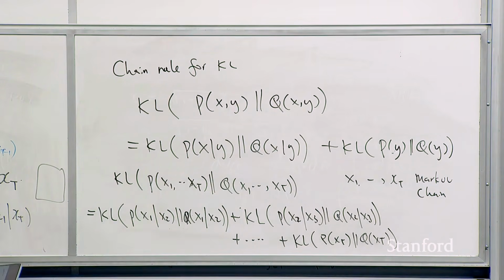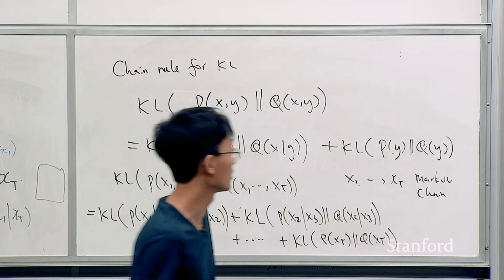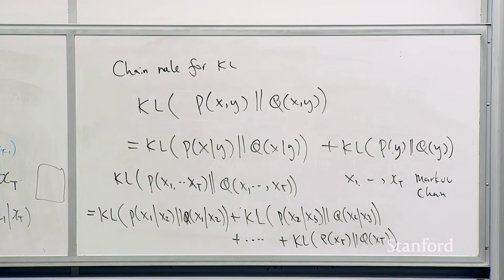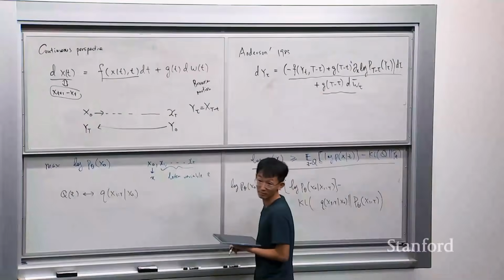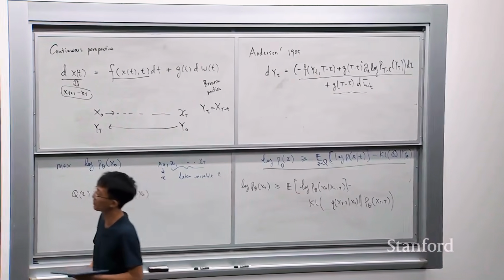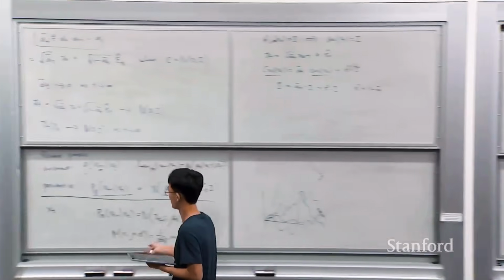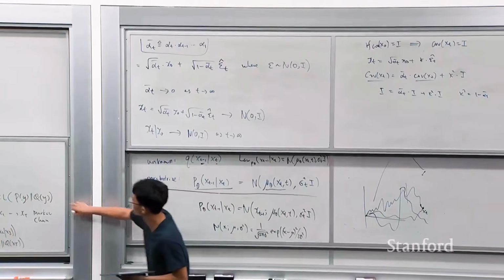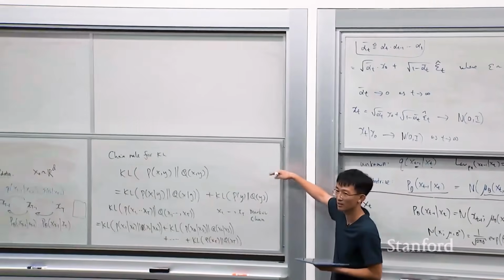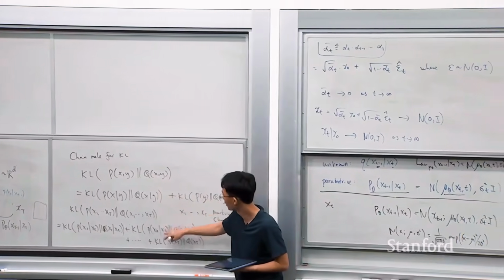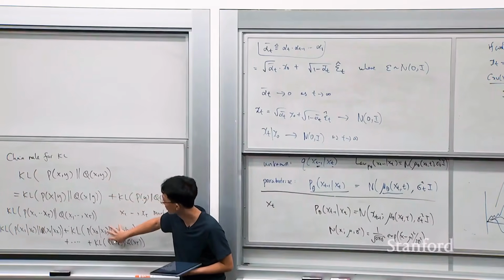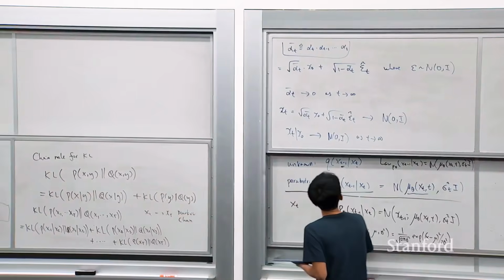So that's the fact that we're going to use for this chain rule, so that we can decompose that formula. This is a very basic formula for KL divergence. I guess this one you just verify by expanding the definition, and then you can use this formula to derive this one recursively.